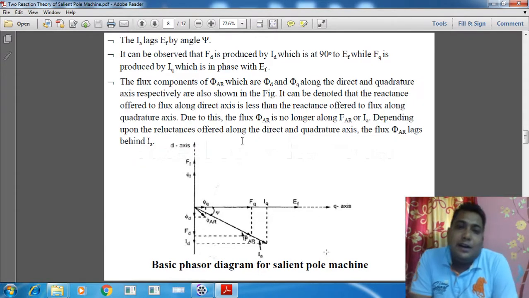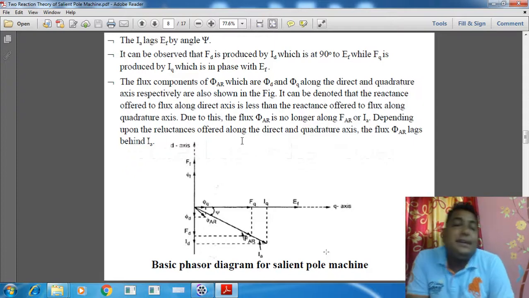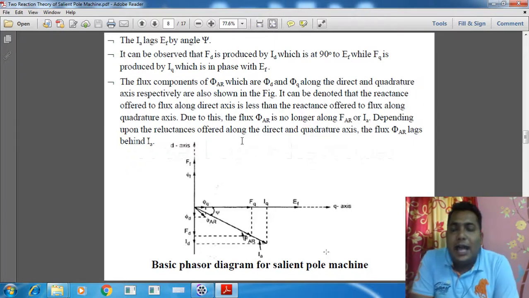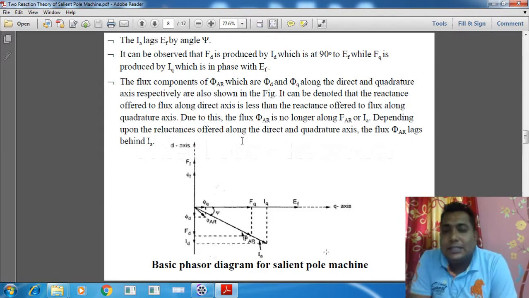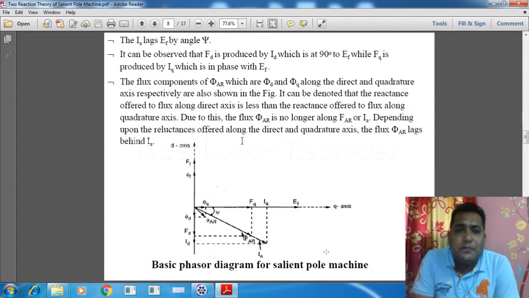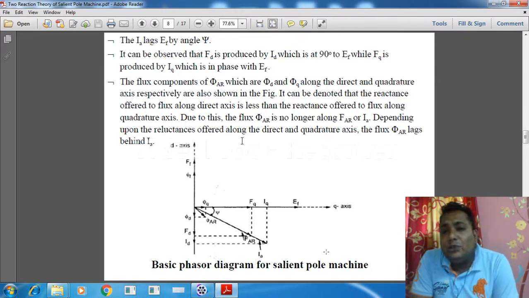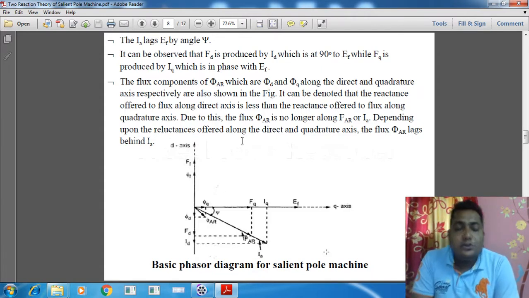Obviously, if ID is 90 degrees shifted from this Ef, this FQ will be in the axis of this Ef. The flux components of AR, which are phi D and phi Q along the direct and quadrature axis respectively, are also seen in the diagram.